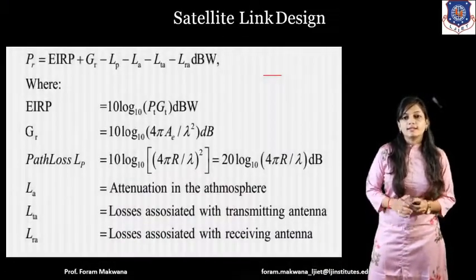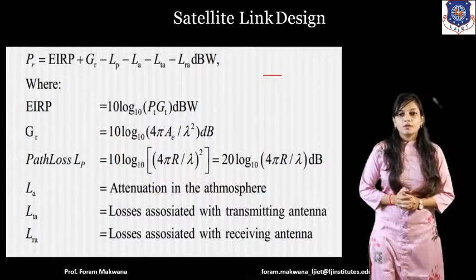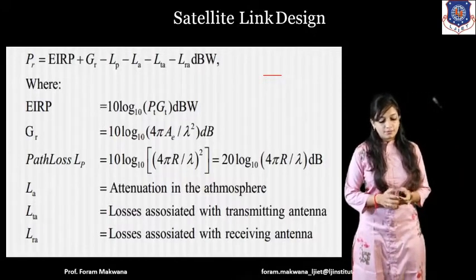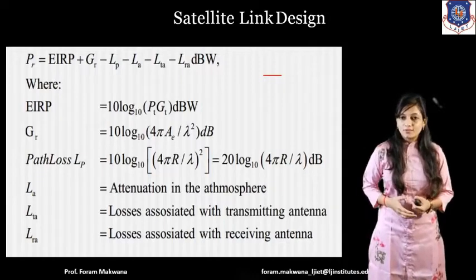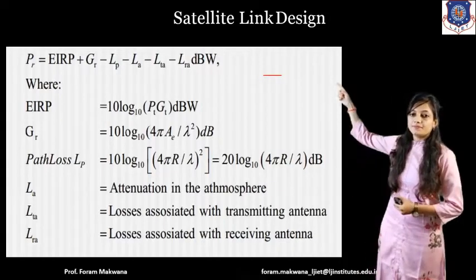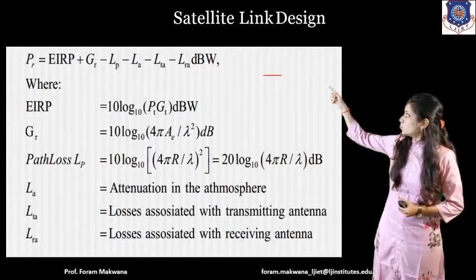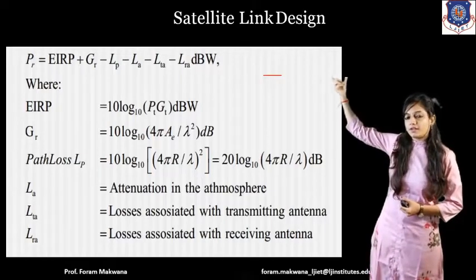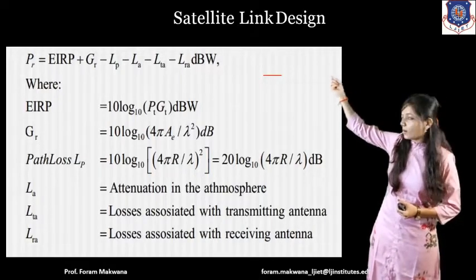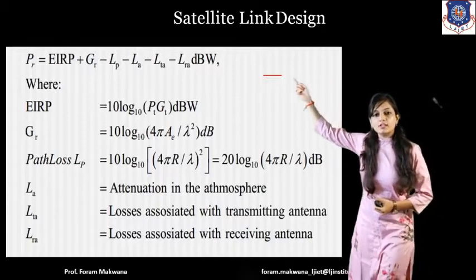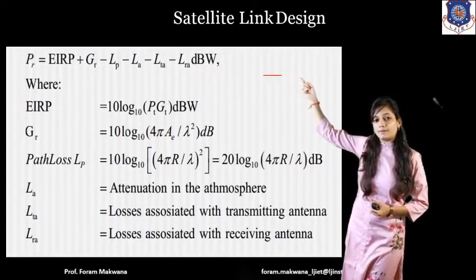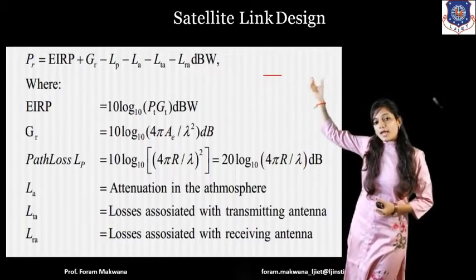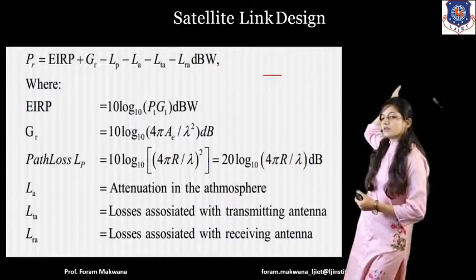Now, how to design a satellite link? For designing a satellite link, we must know what my received power is, right? So for received power, PR is equal to EIRP, that is effective isotropic radiated power, plus GR, that is the gain of the receiving antenna. Okay, and we are going to subtract all the losses.